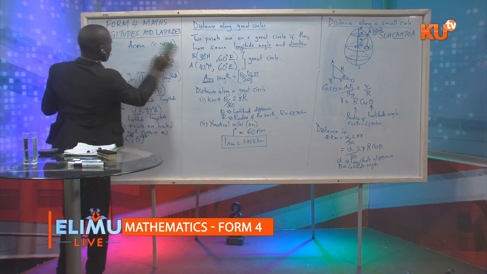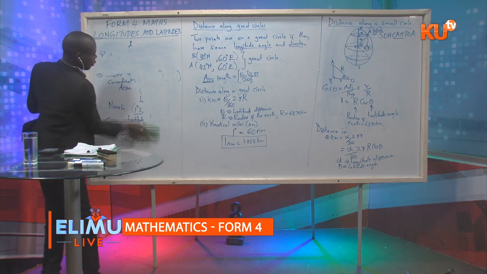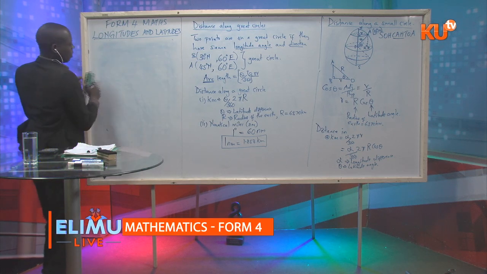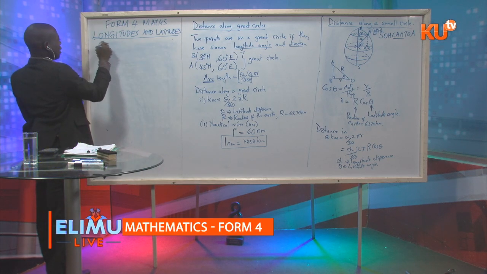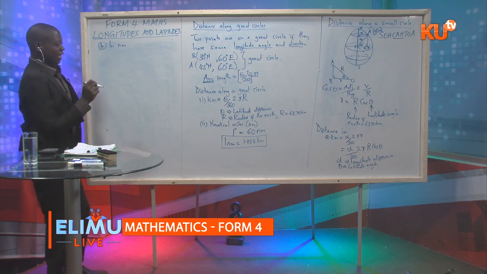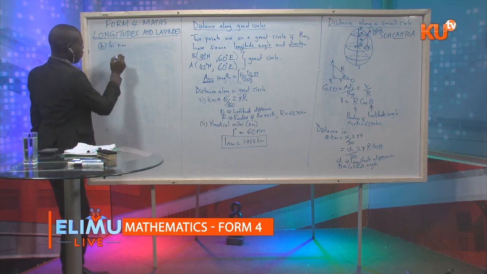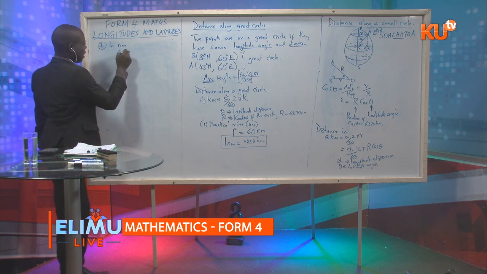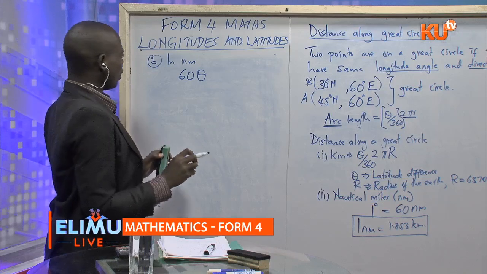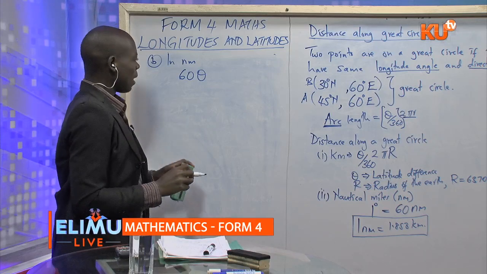Distance along a small circle in now the other part, nautical miles. That is now our part B, distance in nautical miles. Along a great circle, it is 60 times theta, because for every change in latitude is 60 nautical miles.